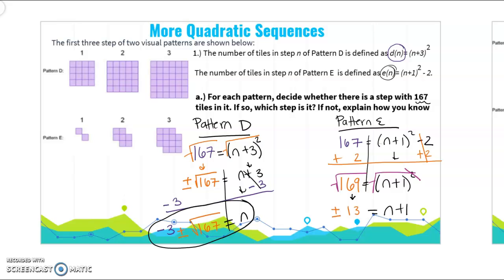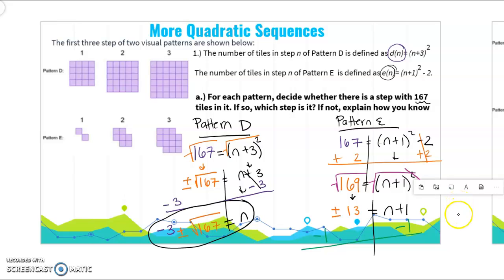But also I know that 12 times 12 is 144, and 14 times 14 is 196, so it's got to be between them. If you don't believe me, plug it into your calculator and see. What we're going to do to get n by itself is subtract that 1. Now remember, I'm not going to combine it with this plus or minus 13, because I want 2 answers for this pattern E.